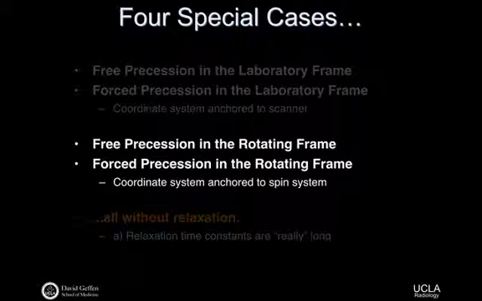In substituting these in, what it allows us to do is transform B1 of t into B1 rot of t. And that's the first thing I said we have to do. We have to define B1 in the rotating frame. And so what does that look like?